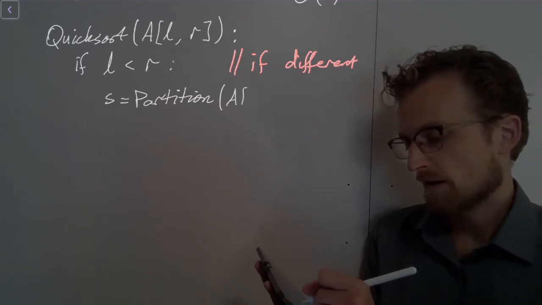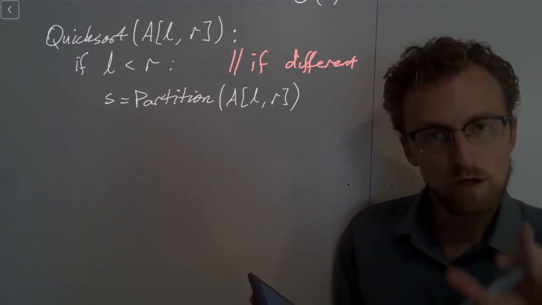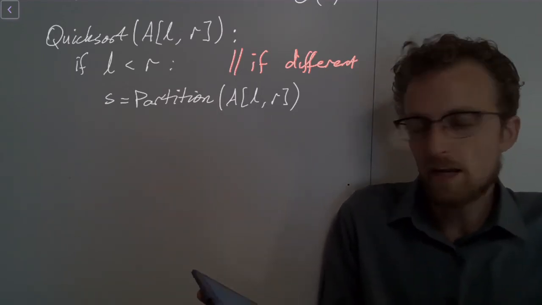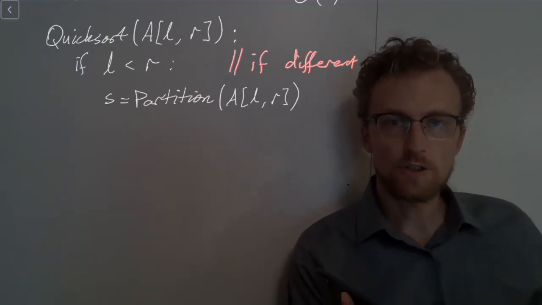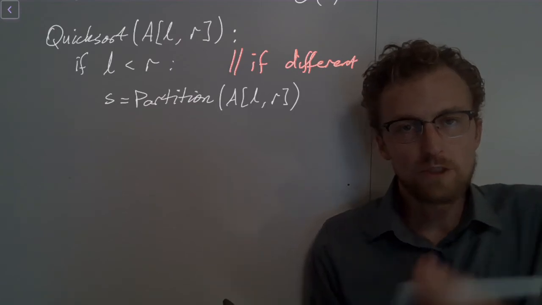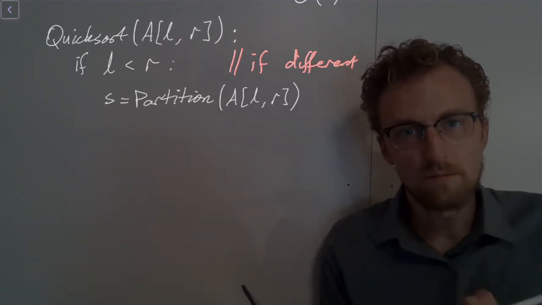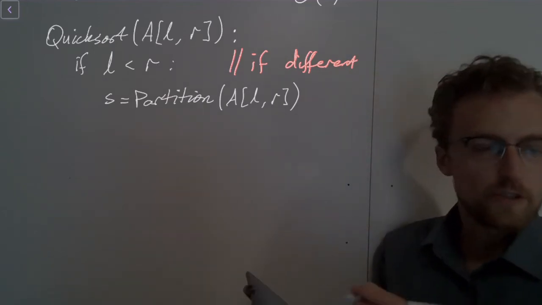Don't worry about what partition is doing. It's rearranging the array, putting all the small things on one side and all the large things on the other side, and then returning the middle one. So it's returning the index where it made the split.